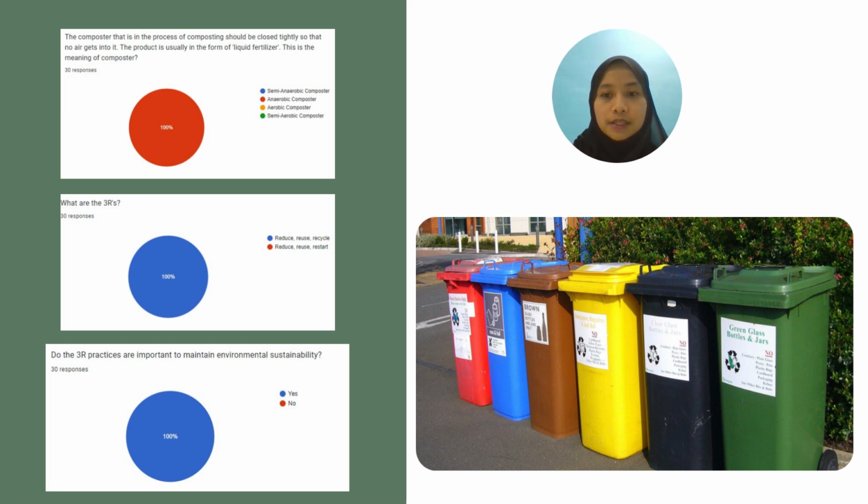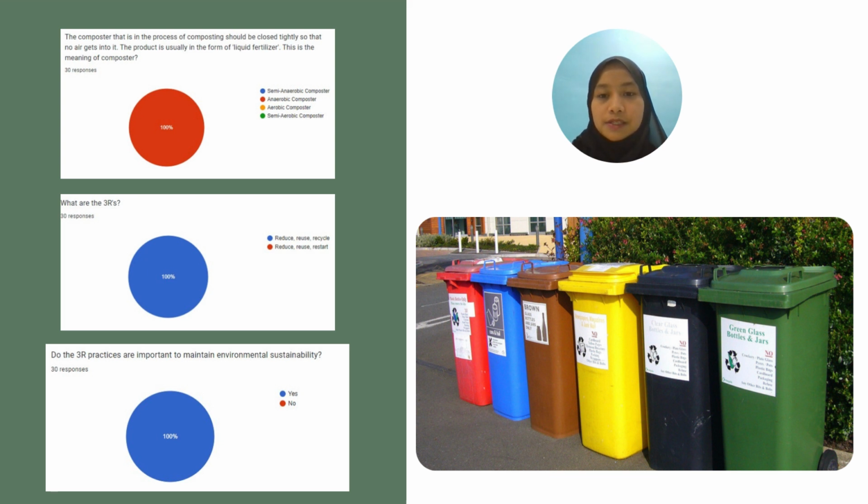For question 6, the question asks, what are the 3 R's? As we can see from the pie chart, 30 respondents in SK Tonsas choose reduce, reuse, recycle as the answer, and this shows that all students have a good basic knowledge in environmental sustainability.